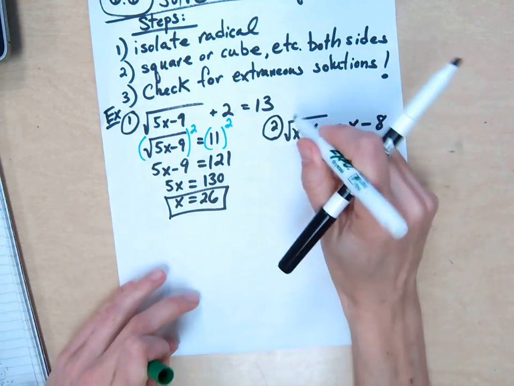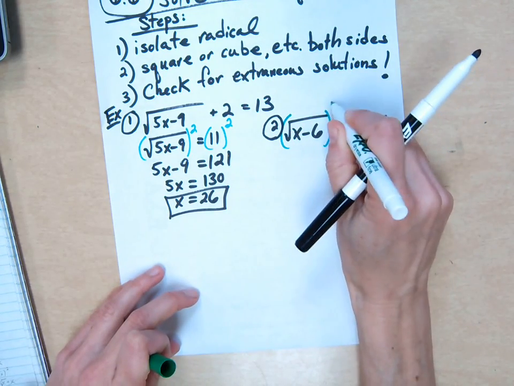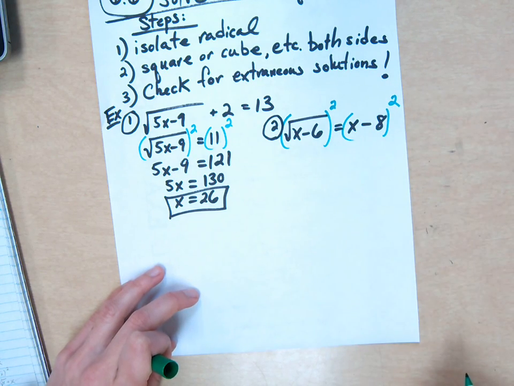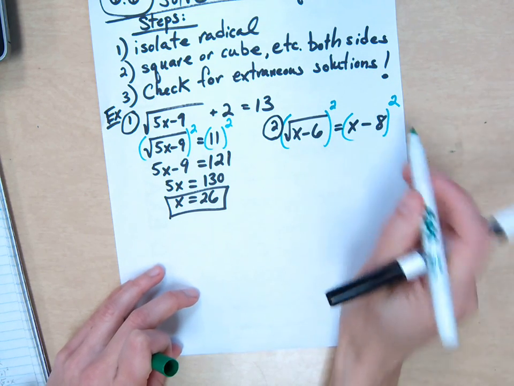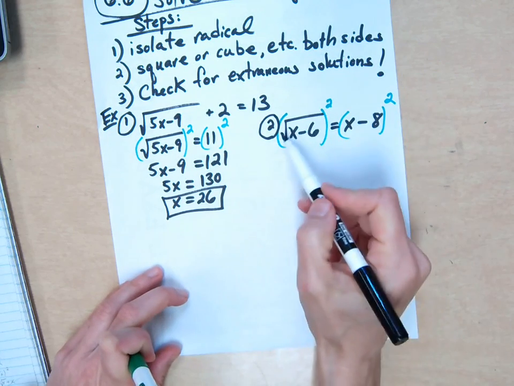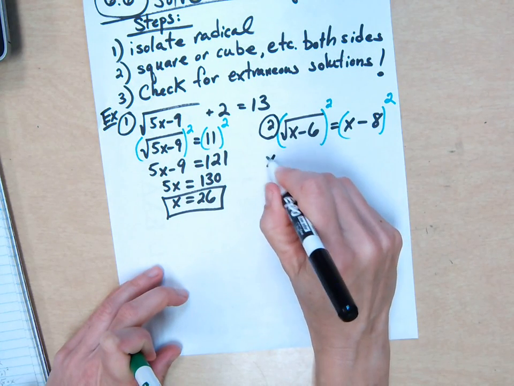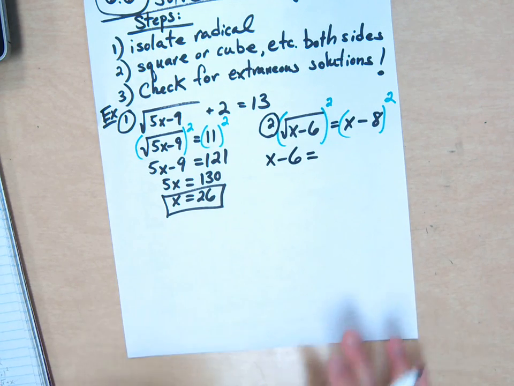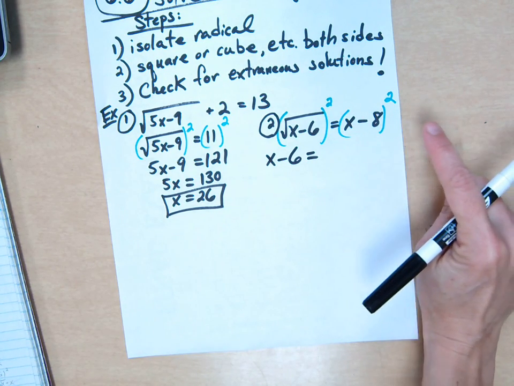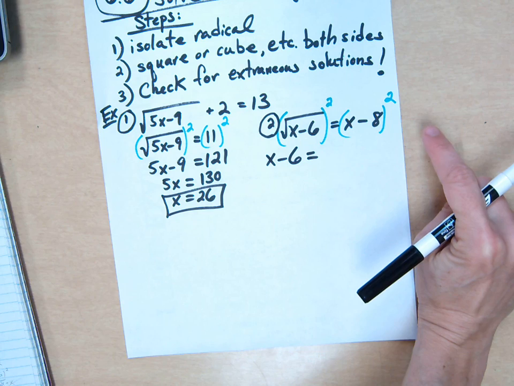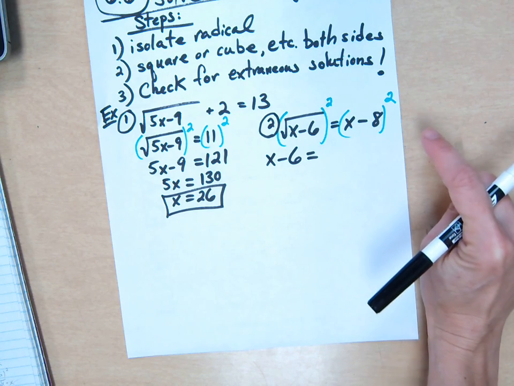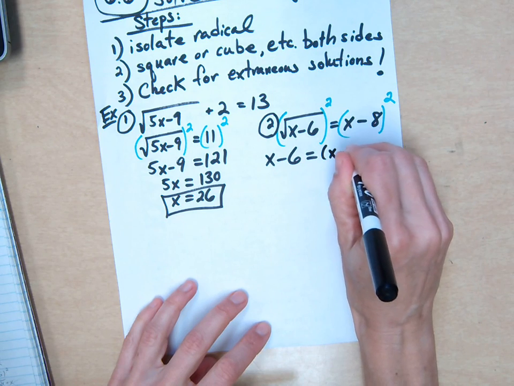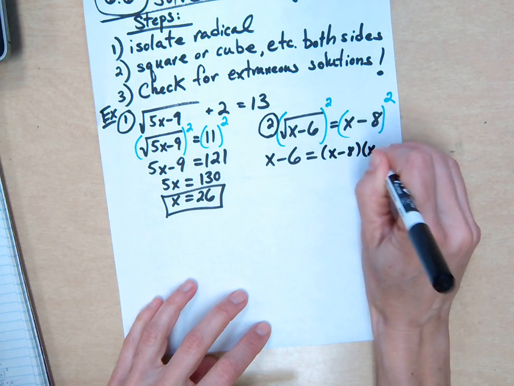Square it. Yep. Now, be sure that you put parentheses to square the entire side. You have to put parentheses around it and square the entire side, so the radical and the square disappear. So you just get x minus 6. And then, what technique do we have to use to multiply? The distributive property twice. I'll just write it out since it's the first time this semester.